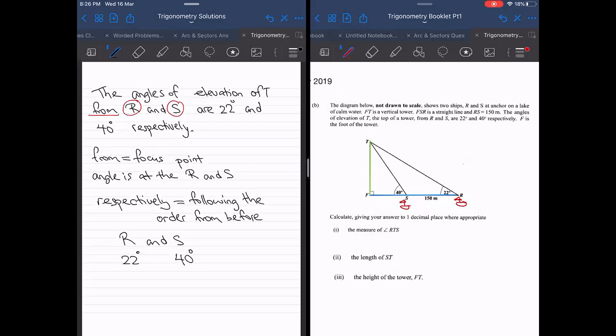Okay, so this one was a little bit difficult as well, but I'm gonna give you some hints for those persons who are already finished. So for step one, find TSR using angles on a straight line.